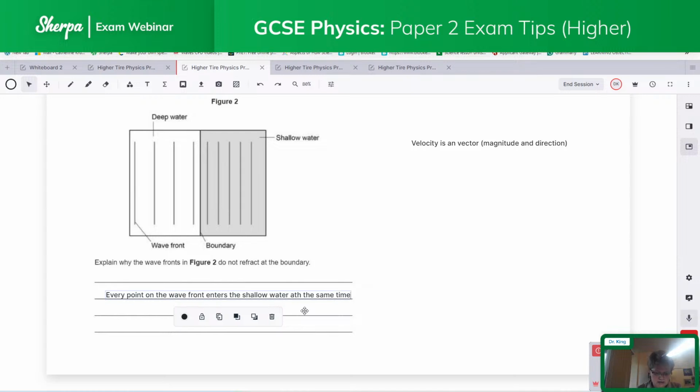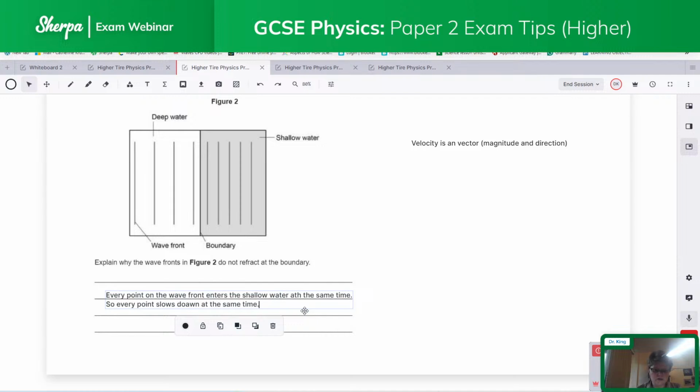And because of that, every point slows down at the same time.